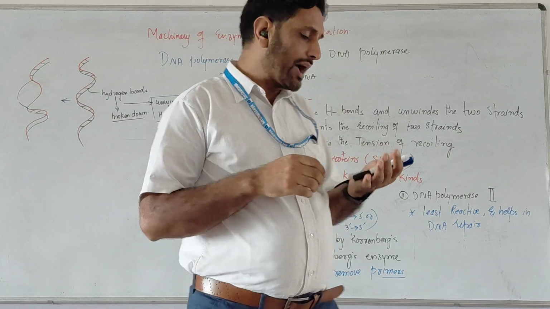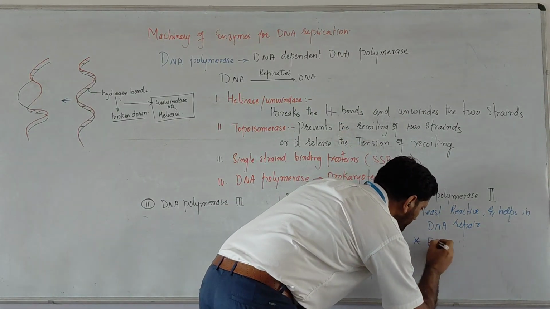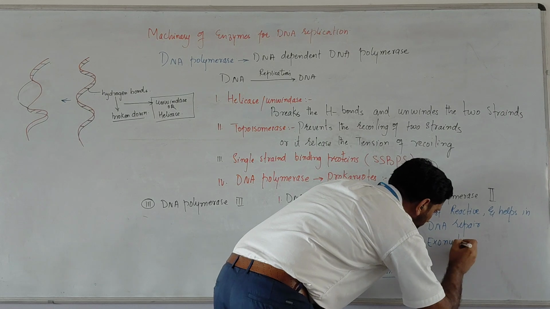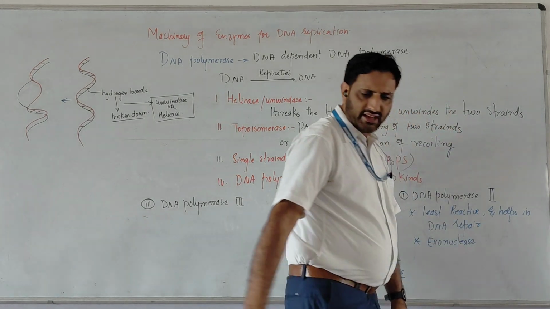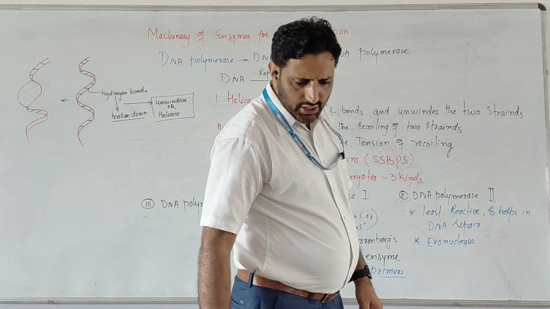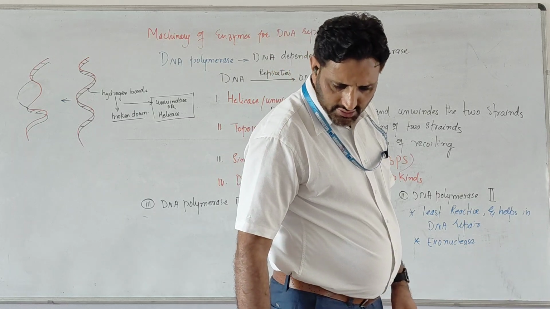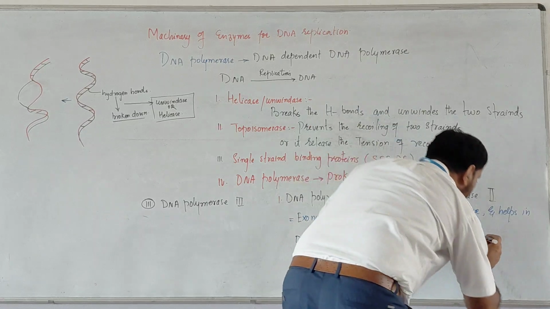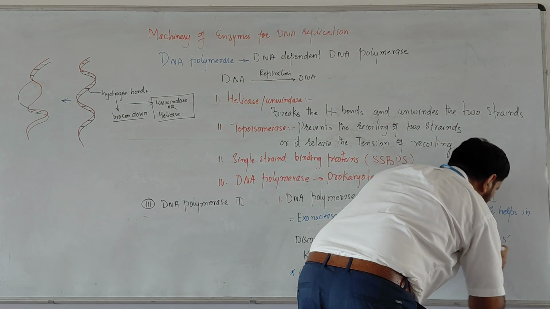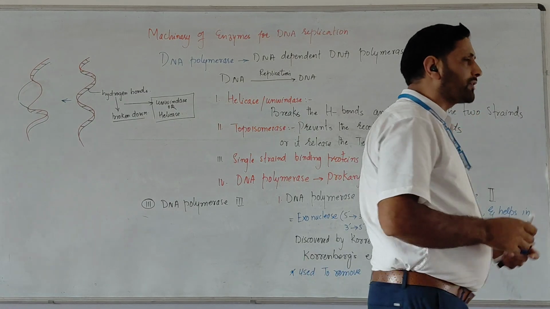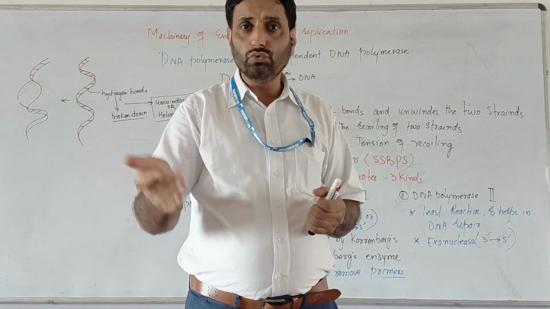So this is also exonuclease. It can cut the DNA from the ends in the direction of 3' to 5'. And you know what polarity is: 3' to 5' or 5' to 3'. It can function in cutting the DNA as an exonuclease, or in polymerization.